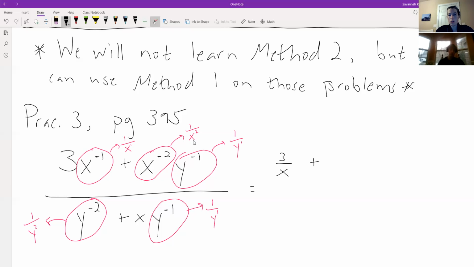I had a 1 over x squared next to a 1 over y. That's going to turn into a 1 over x squared y. And then we've got a 1 over y squared on the bottom plus, looks like x over y.